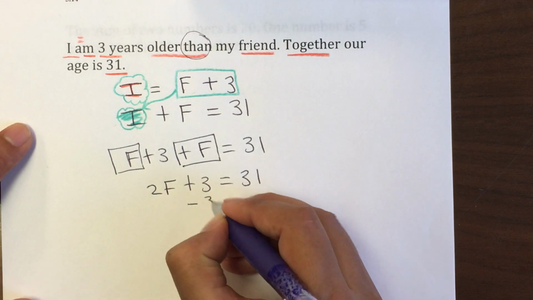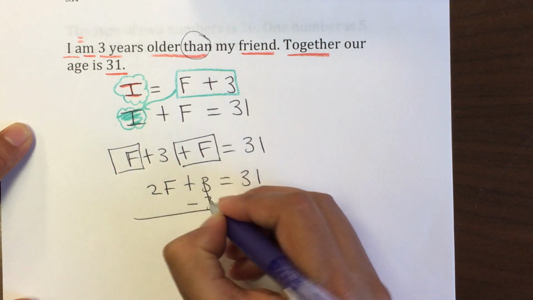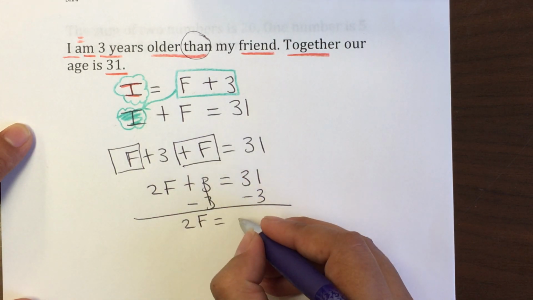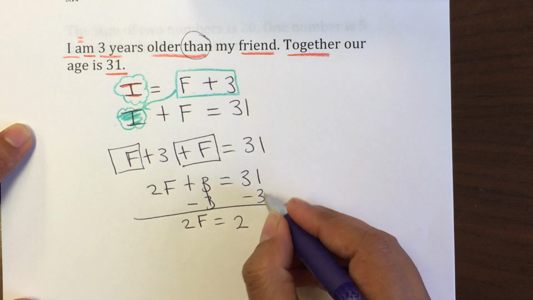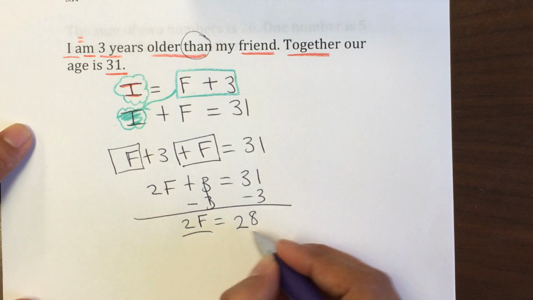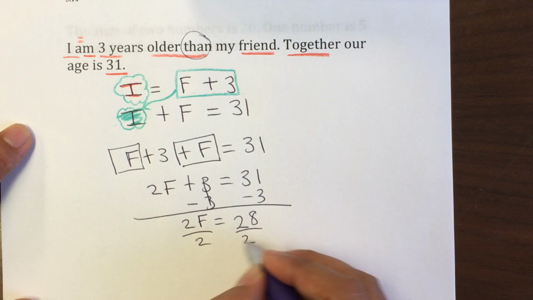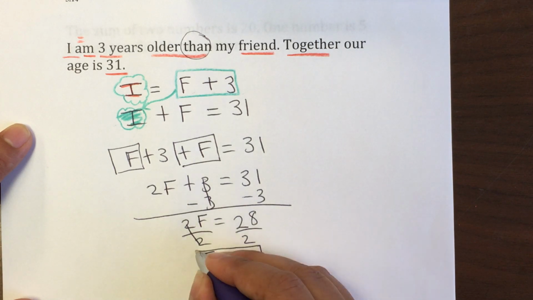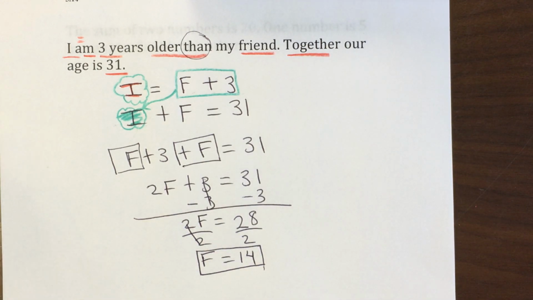Then I subtract 3 from both sides, and so 2F equals 28. I divide both sides by 2, and F equals 14. So that means that my friend is 14 years old.